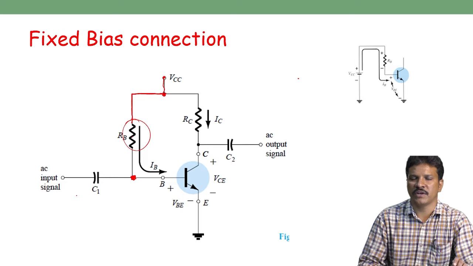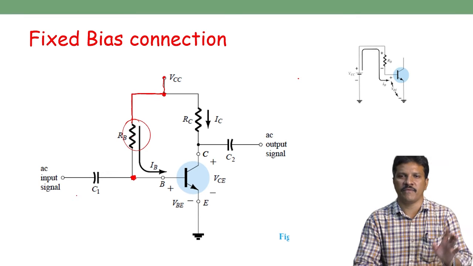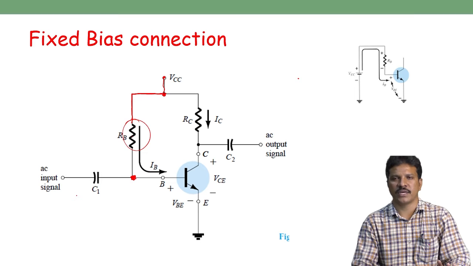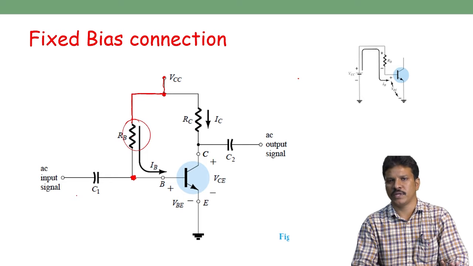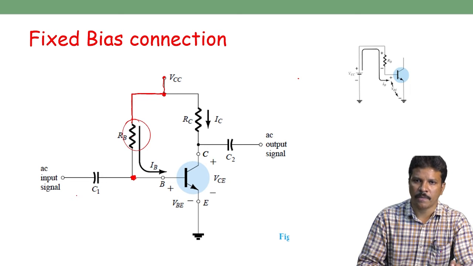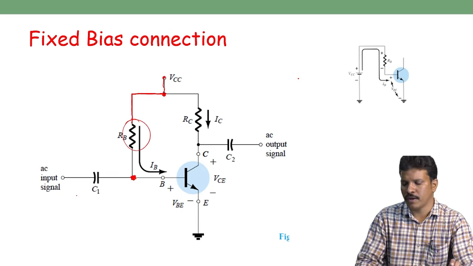If the Q point is fixed in the active region, then the circuit is good for amplification. Otherwise, we need to provide some compensation circuits to keep the circuit operating in the active region. So how do we find the load line and the Q point for this fixed bias circuit?